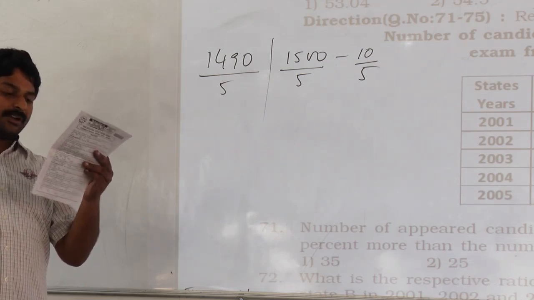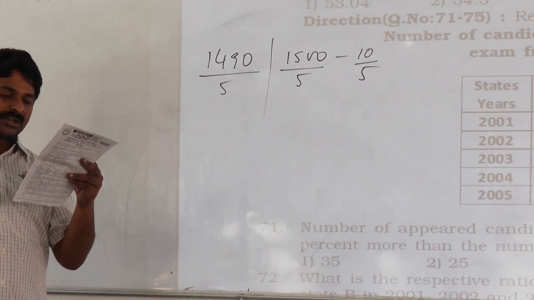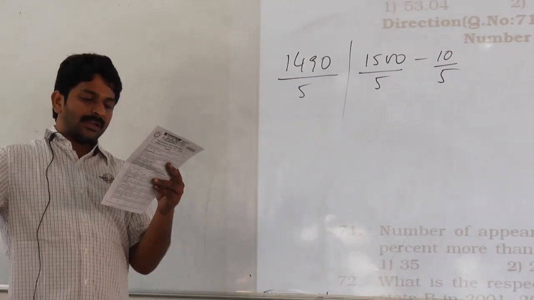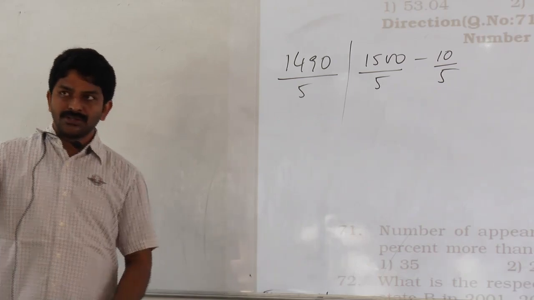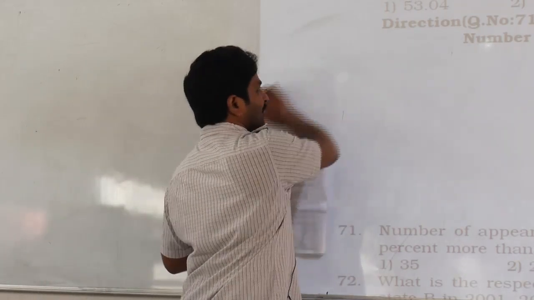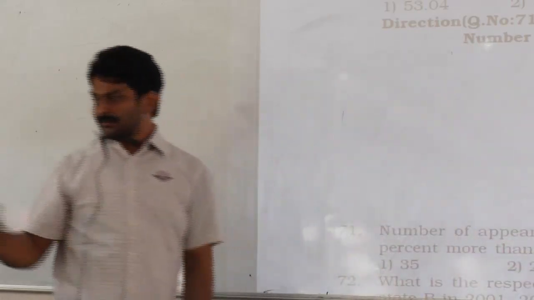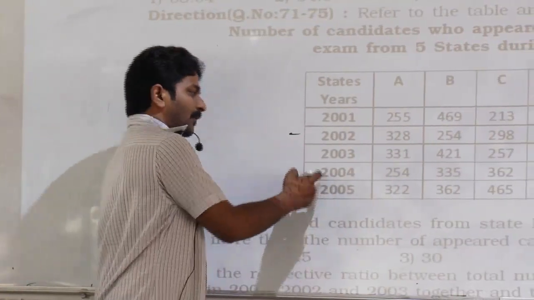What is the difference between the total number of appeared candidates in 2002 from all the given states together and the total number of appeared candidates in 2004 from all the given states together? Difference between 2002 and 2004. Let's go for individual difference. Subtract 2002 from 2004.